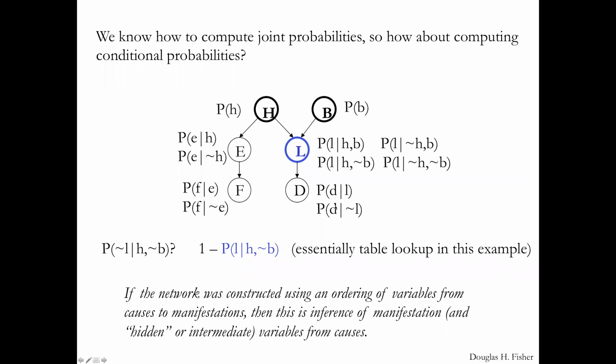But it's essentially still a table lookup. Again, if the network was constructed so that H and B are causal, perhaps these are diseases, this forward direction of inference would be essentially going from causes to effects, or in this case, an intermediate variable that might lead to something which is directly observable.